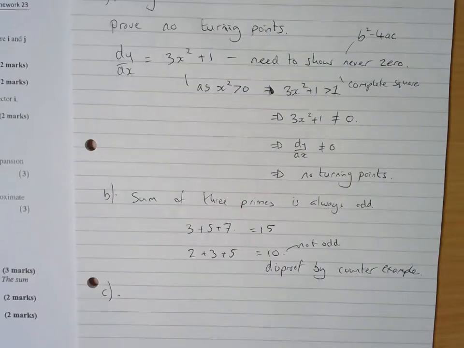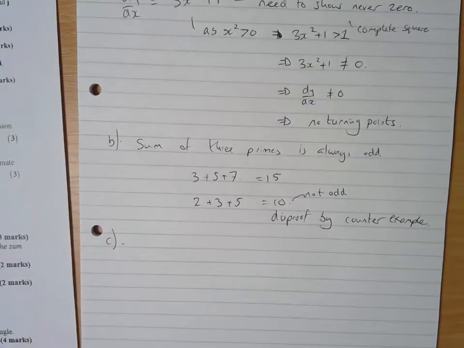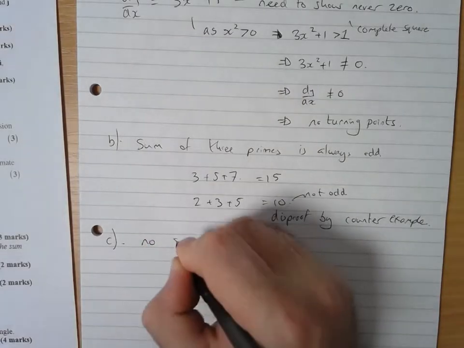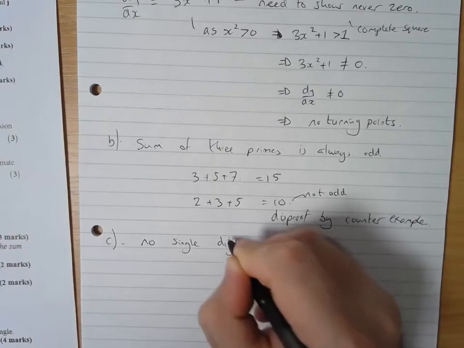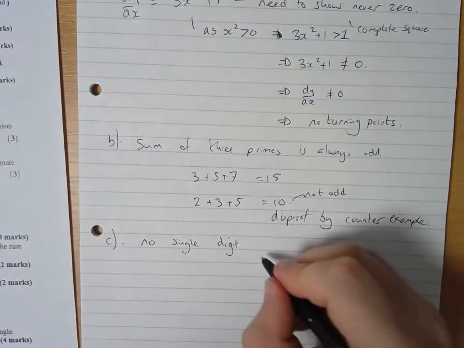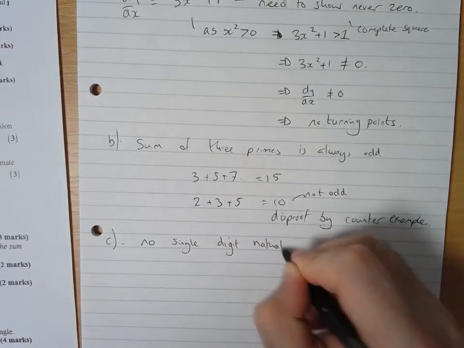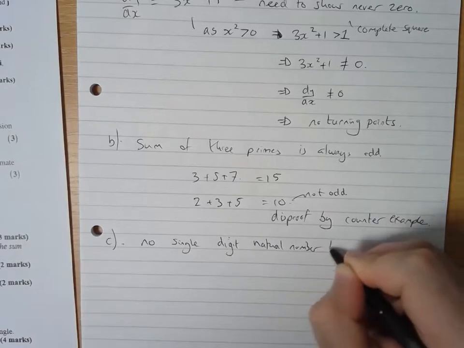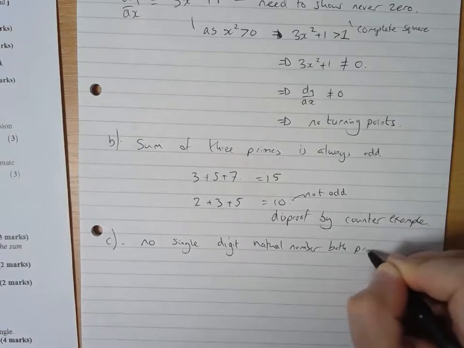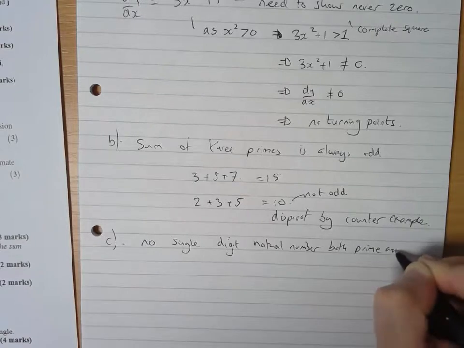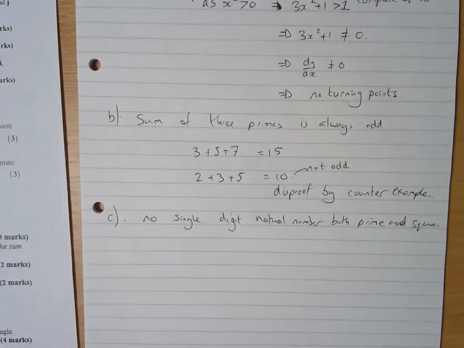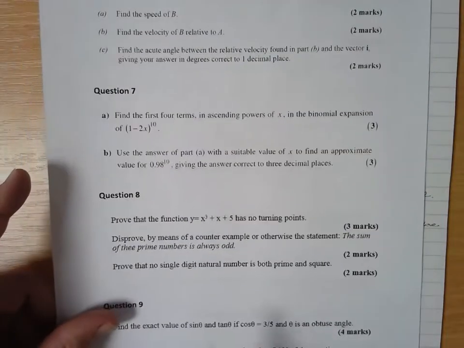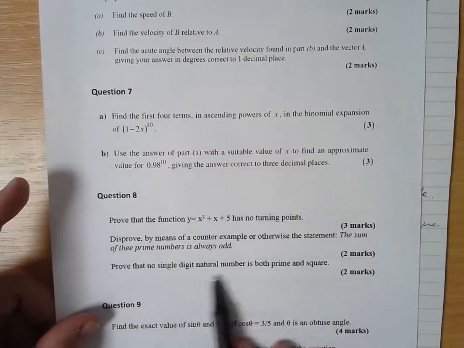Now there are loads of ways of doing this. The first one is by exhaustion. So no single digit number is both prime and square. That's what we're asked to prove, and in the question it gives a single digit.